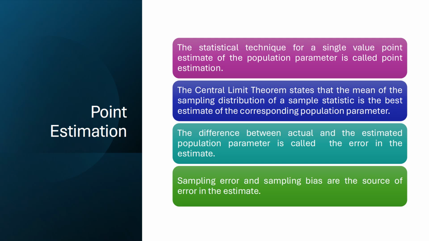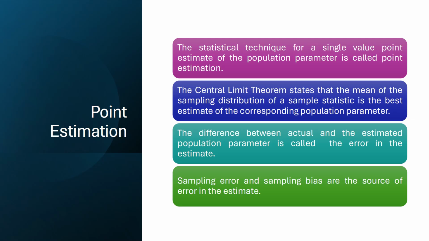So when we have the sample statistic available, it is the best and the most probable population parameter estimate. So we use the sample mean or the sample statistic as the estimate of the population parameter.